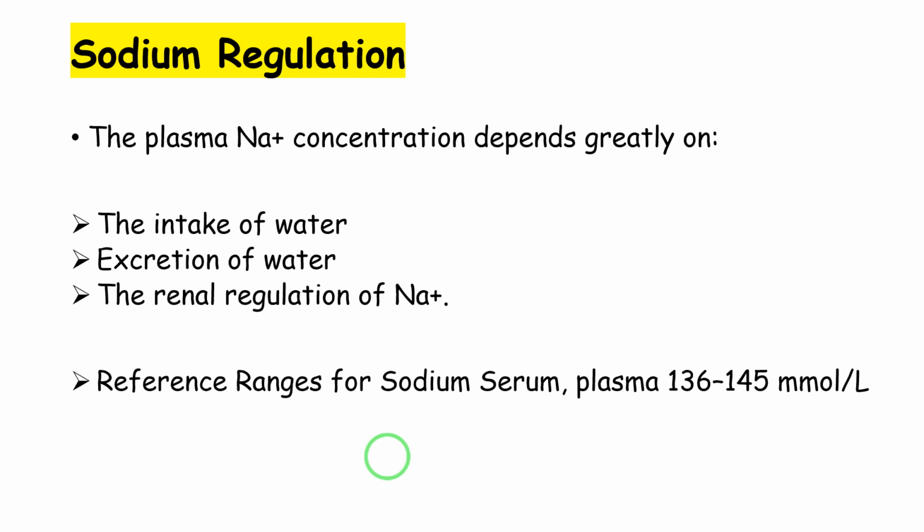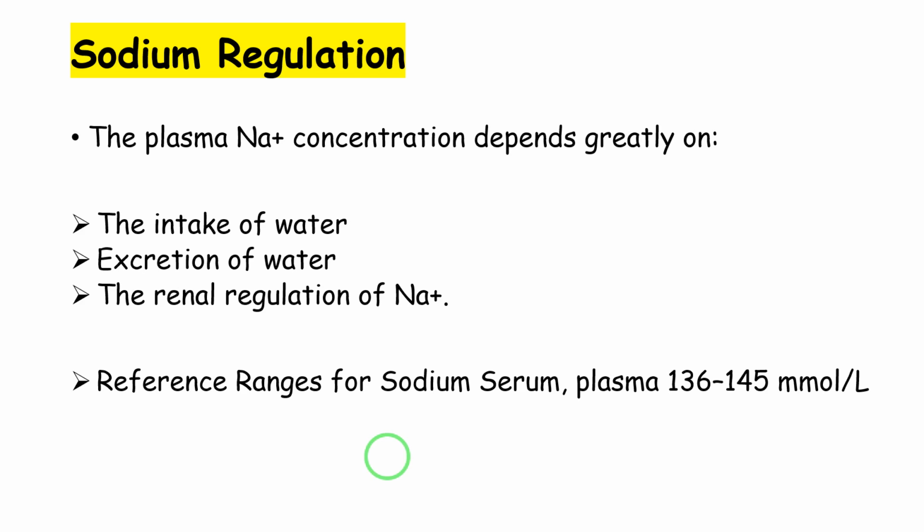The intake of water in response to thirst is changed according to changes in the plasma osmolality, and the plasma osmolality depends largely on the level of sodium. A change in the level of sodium will change the plasma osmolality, and this will either stimulate or suppress the thirst center, and it will affect the intake of water.